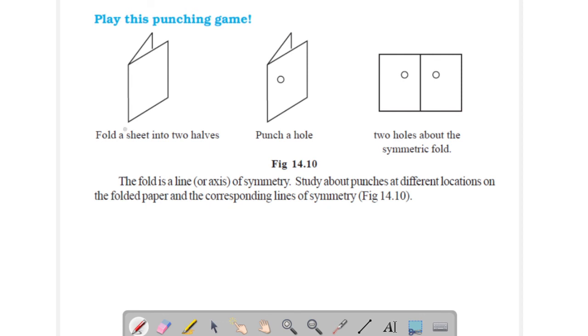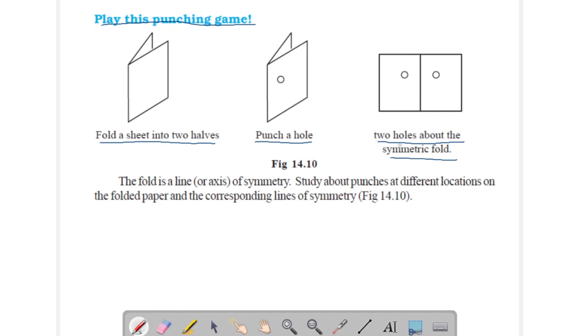Now play this punching game. First fold a sheet into 2 halves. Then punch a hole as shown in the figure. Then open it, and there are 2 holes about the symmetry fold. You will see that this is the line of symmetry and these 2 holes are at equal distance.